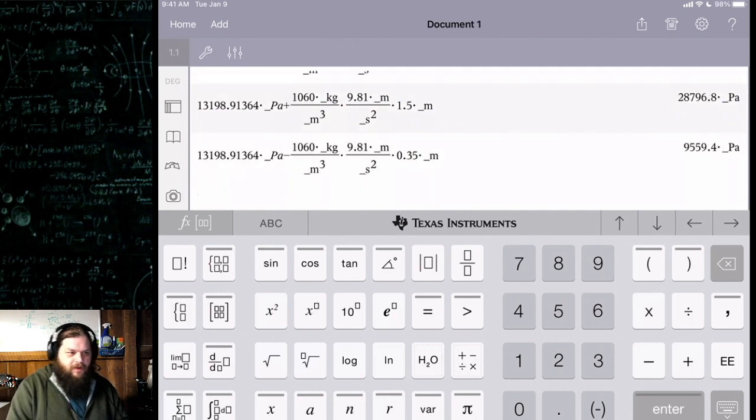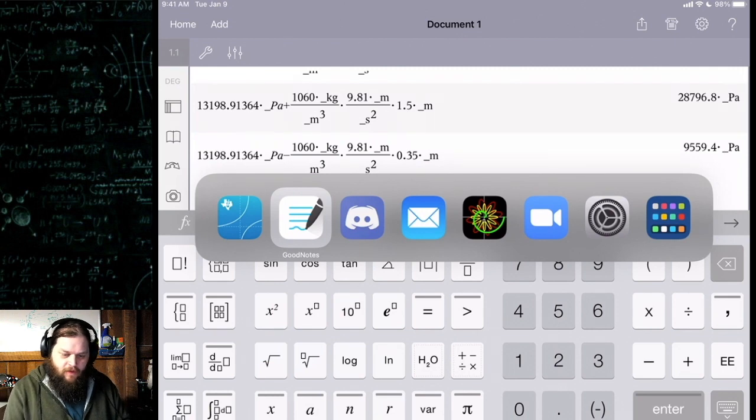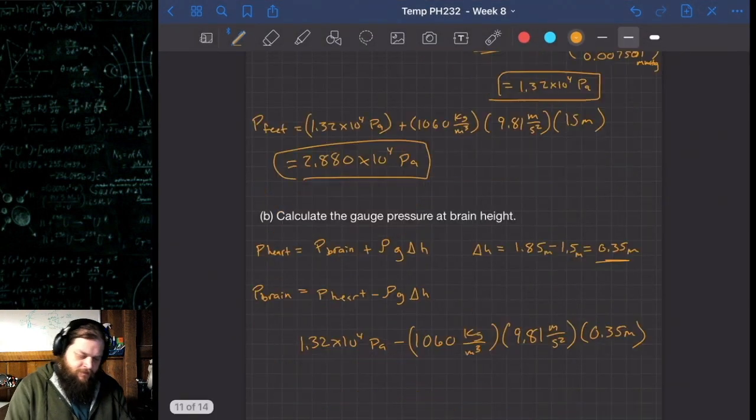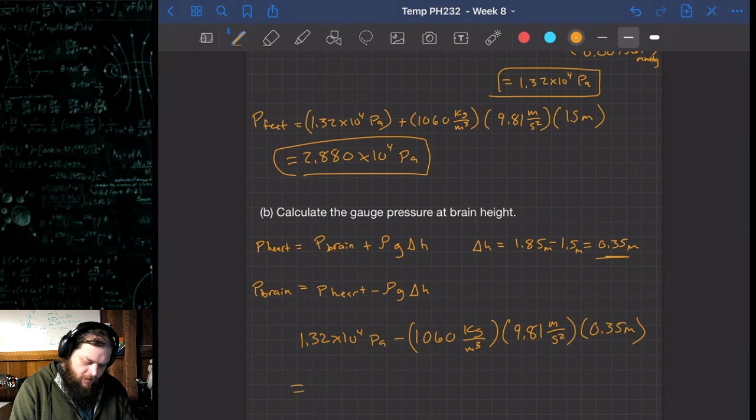So that is equal to 9559.4 pascals, or 9.6 times 10 to the third pascals.